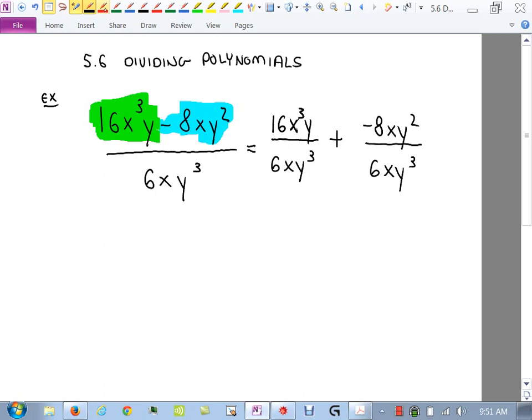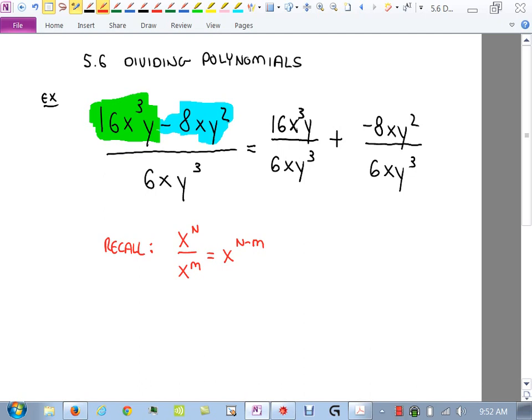Now, let me remind you, remember this property? If you have x to the n divided by x to the m, that's x to the n minus m. Remember that? Subtract the powers. Same base, different powers, you subtract the powers.